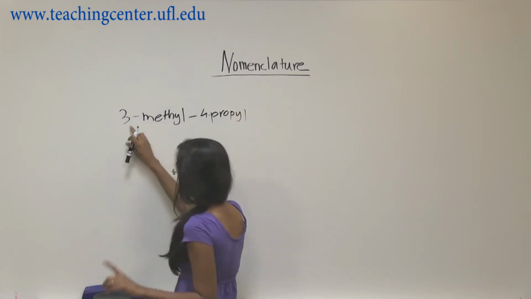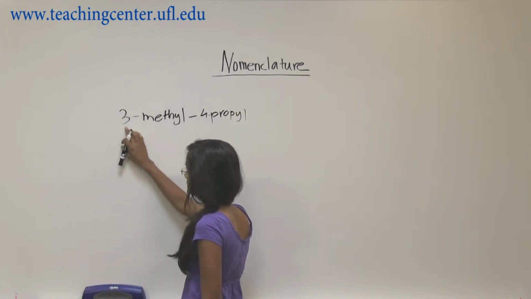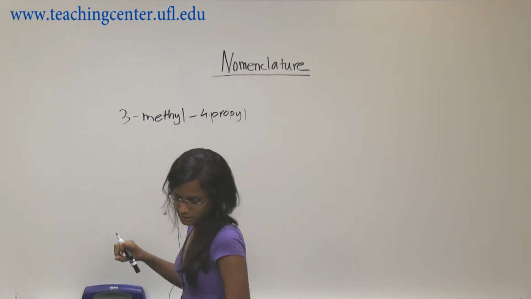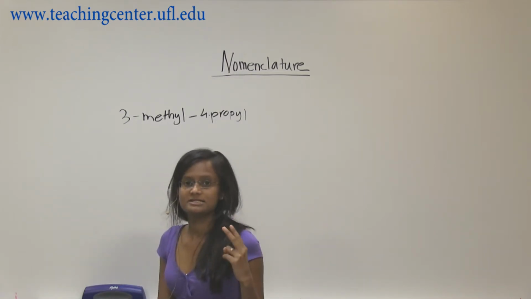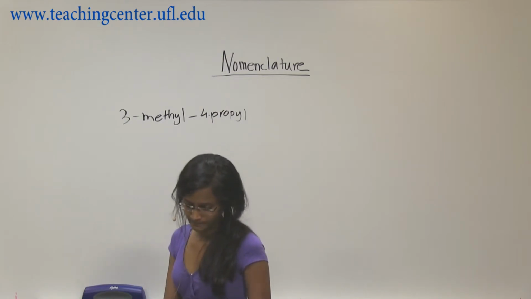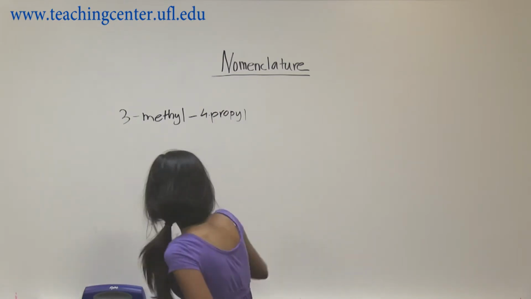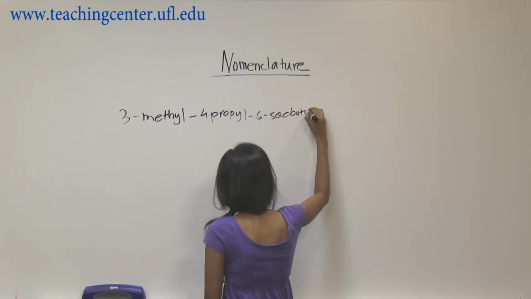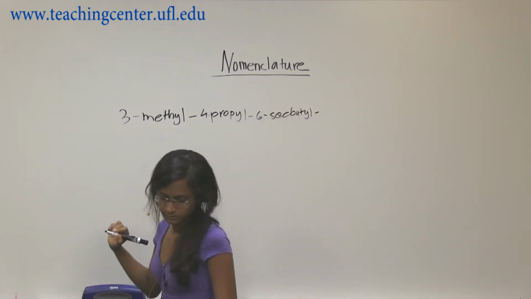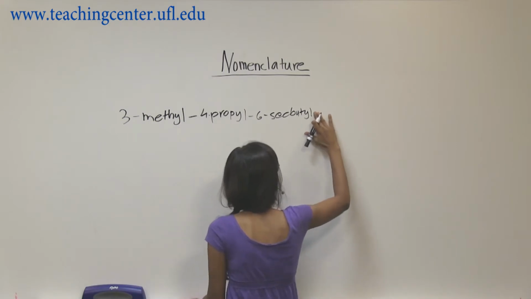Always separate letter and number with a dash. Two letters, separate them; two numbers, separate them with a comma.